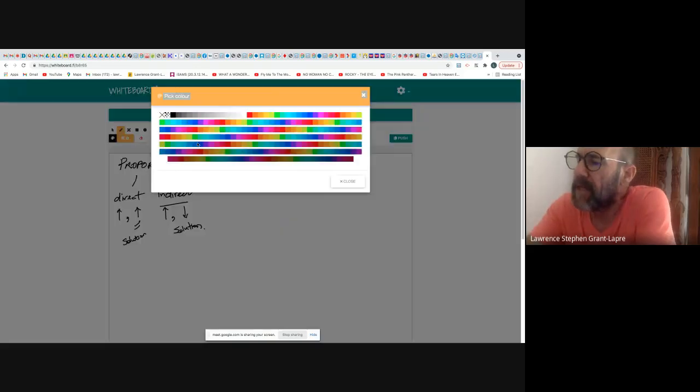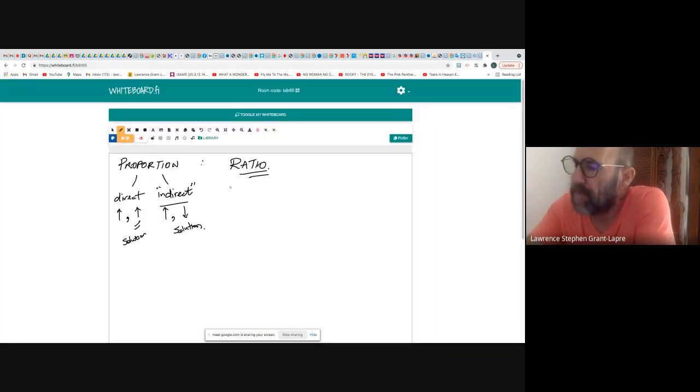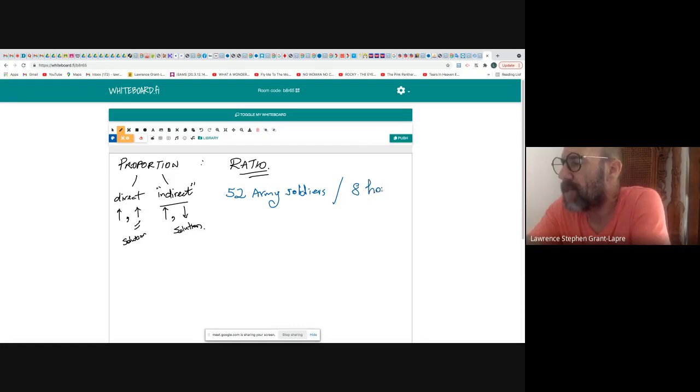Let's say the story says 52 army soldiers are needed to move a shipment of material into the storehouse, and it takes them 8 hours to move a shipment of material into the storehouse.